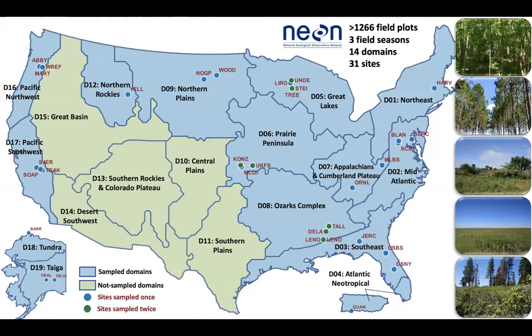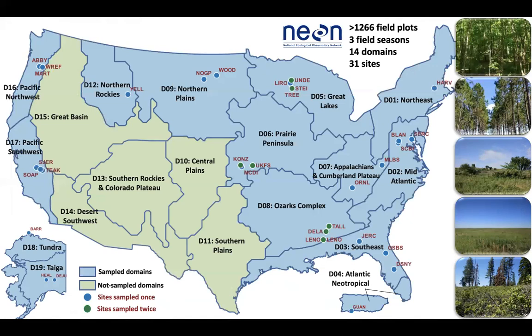They fly it over each one of these sites once per year. There's a few places that they don't get flown, but for example, right now they're flying over Ordway Swisher and Disney Nature Preserve in Florida, and we've got a team down there collecting foliar samples associated with this.